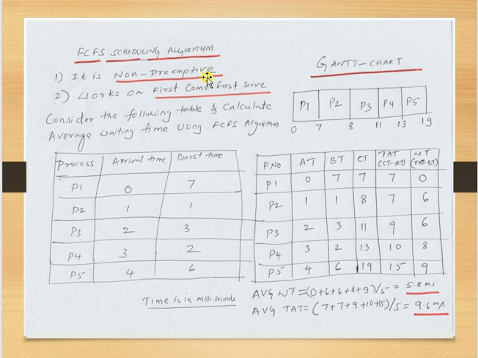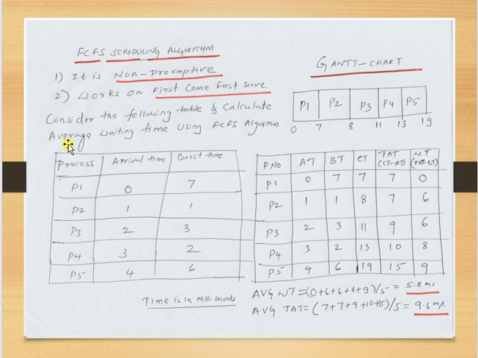It is when a process is executing, that particular process is not taken out till it completes its execution. Second, it works on a first come first serve basis. In this, priority is not going to be considered, only first come first serve.